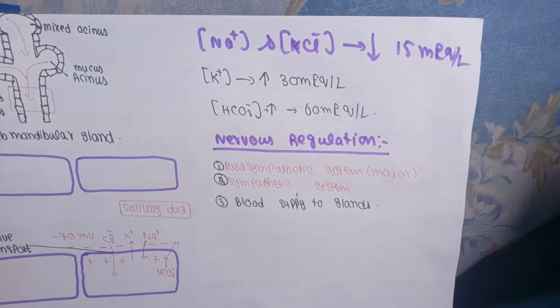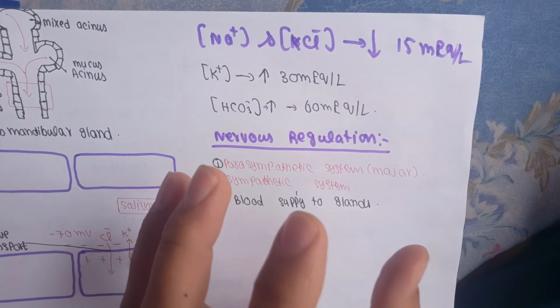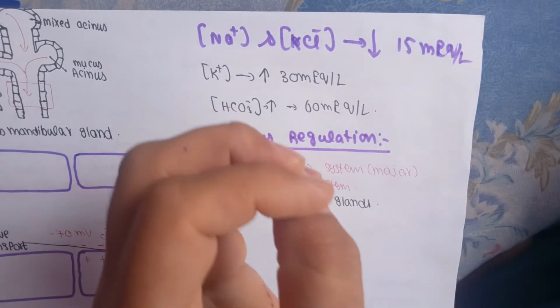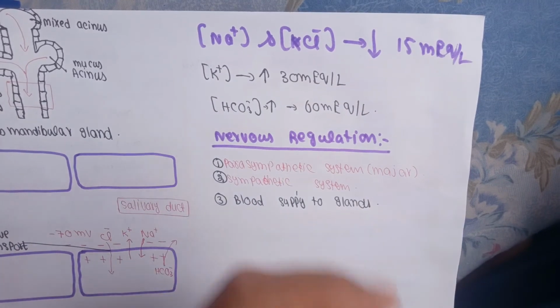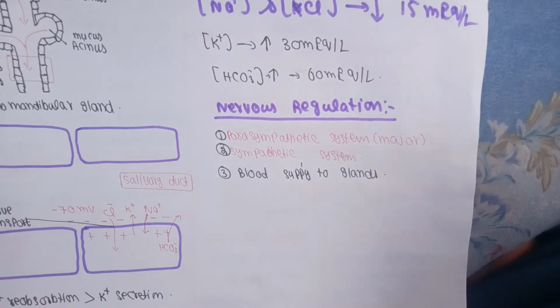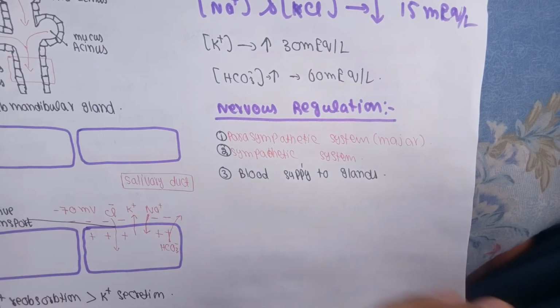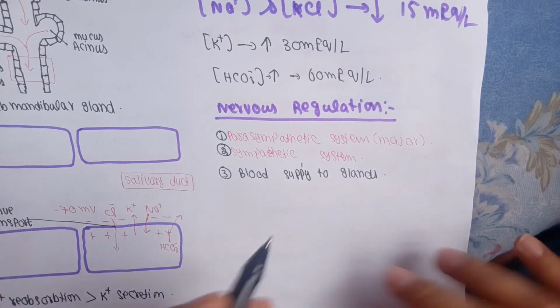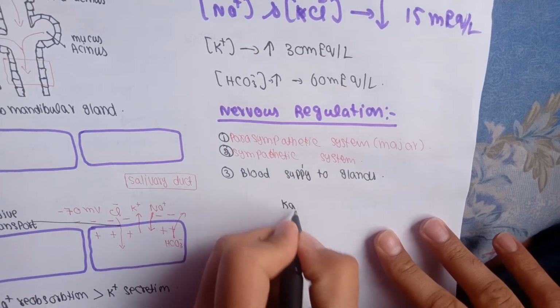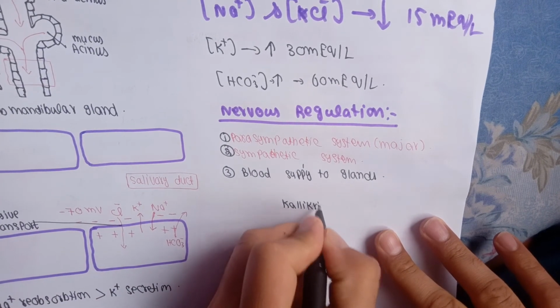Another thing: when these cells become activated, meaning they secrete more saliva, these cells also secrete a compound called kallikrein.